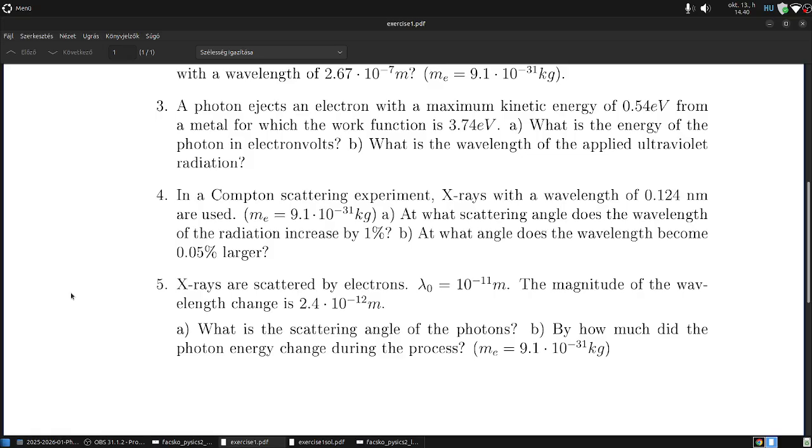The electron mass is given. Question A: at what scattering angle does the wavelength of the radiation increase 1%? Question B: at what angle does the wavelength become 0.5 larger?